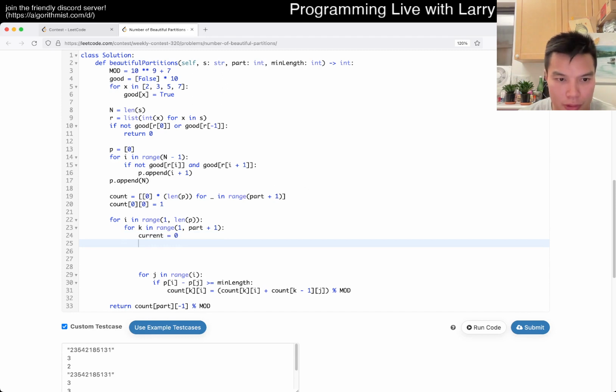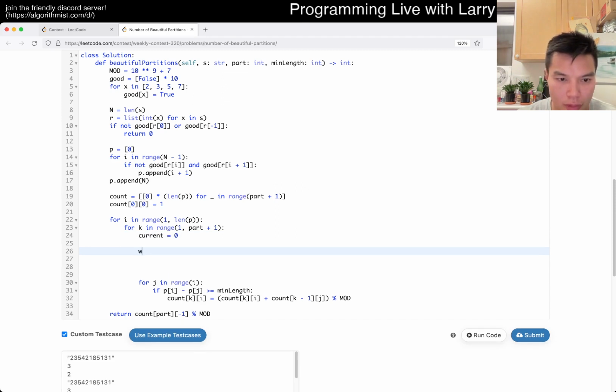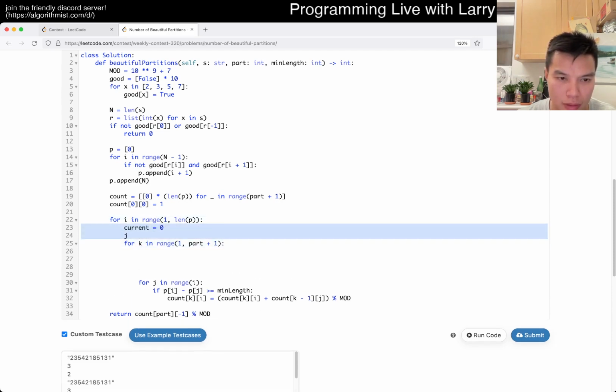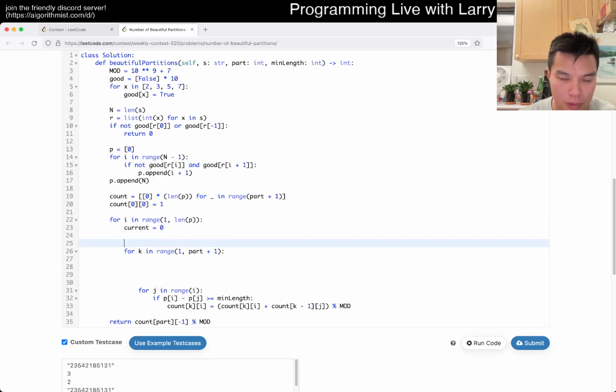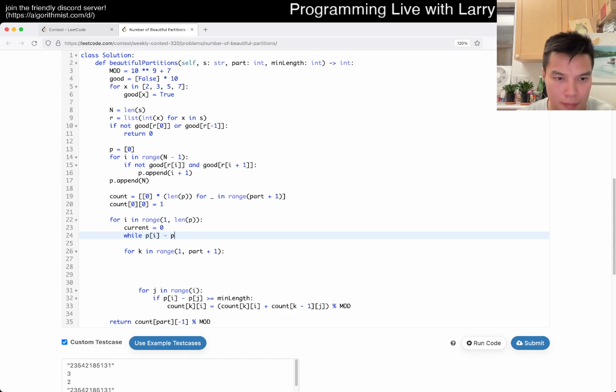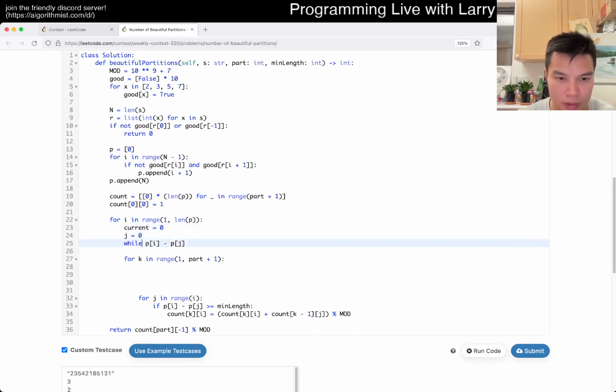So first, while P sub, this has to be outside. So while P sub I minus P sub J, so J is equal to 0. So okay, let me think about this one.